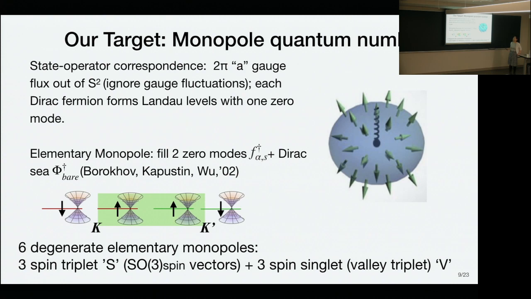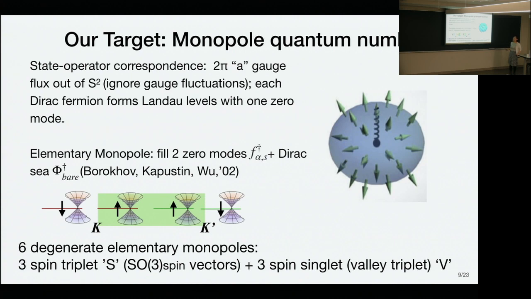For the moment, we ignore the gauge fluctuations. Putting 4 Dirac fermions on a sphere under a 2 pi magnetic field will form a Landau level. In particular, each Dirac fermion will form 1 zero mode for 2 pi flux.